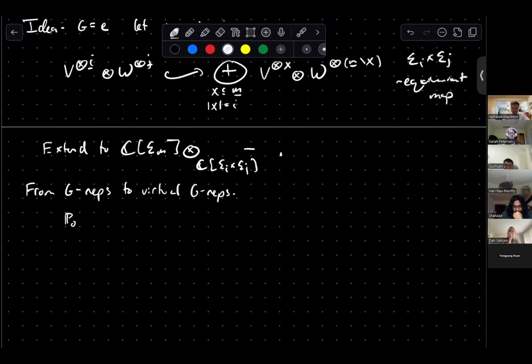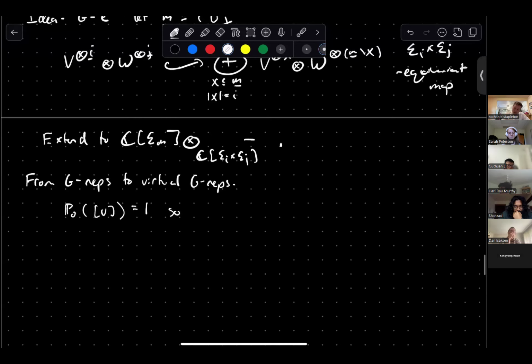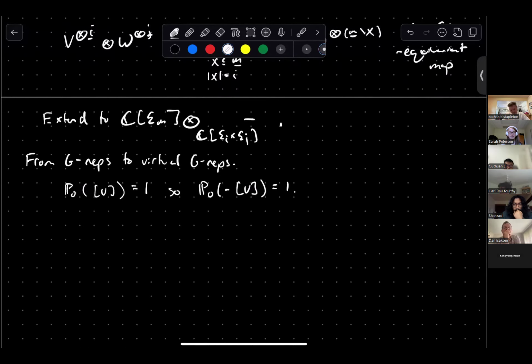P0 is tensoring to the 0th power, so it's dumb. So P0 of V is 1, and P0 of minus V should also be 1. P1 of V is tensoring to the first power. So this should be V, and that should extend. So that P1 is the identity map.